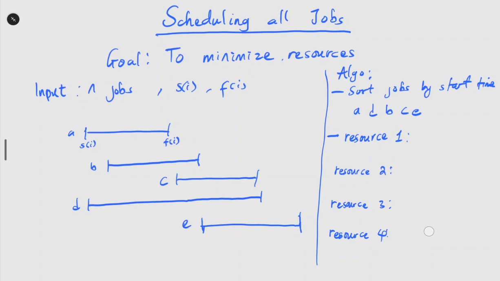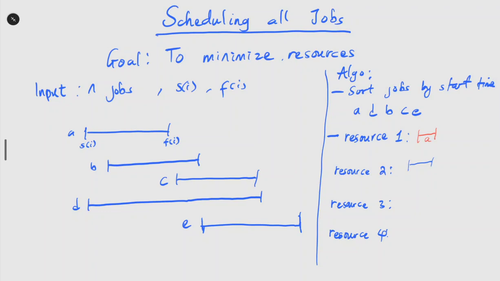Let's check again. Let's start from job A. We are going to allocate it to resource 1. Job D overlaps with job A, right? So we are going to allocate it to resource 2.